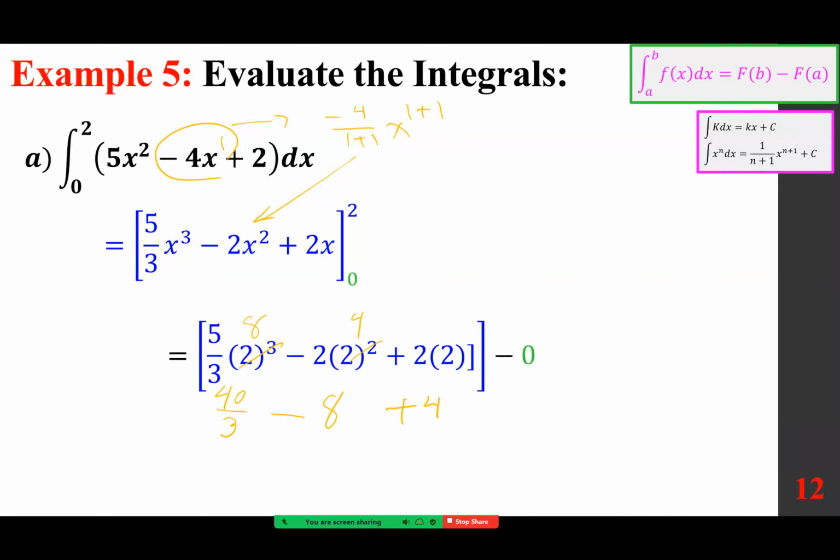So this is minus 4. And as you know, because I want to go with the same denominator, 4 is 12 over 3. So 40 thirds minus 4 is the same as 40 thirds minus 12 thirds, which makes it 28 thirds. Okay.